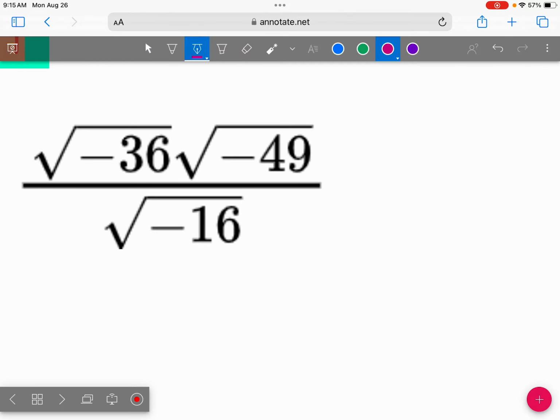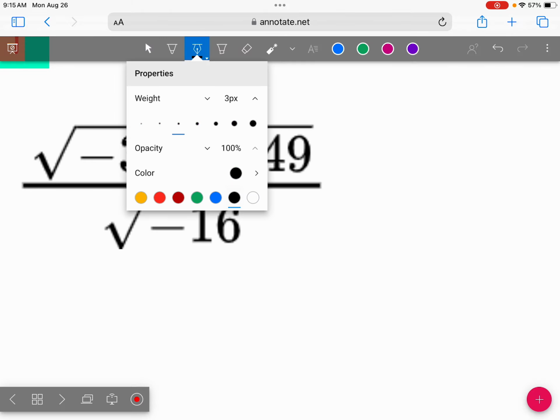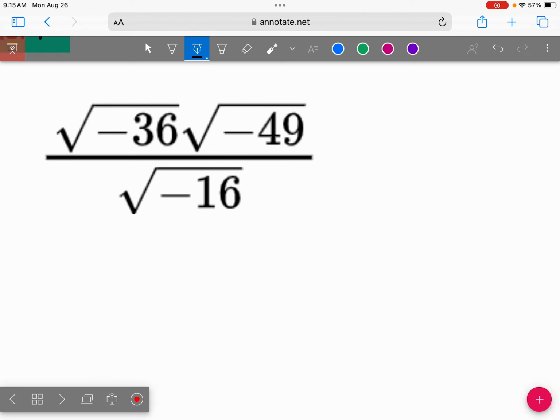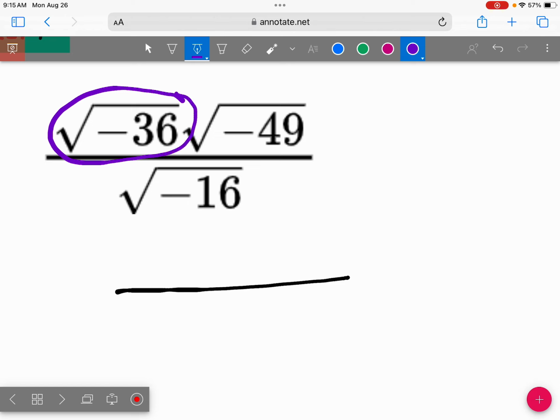All right, let's do the next one. It's a very similar vibe. When we switch these negative radicals to i's, we gotta be careful. So this first one up here, square root of -36, 6i.